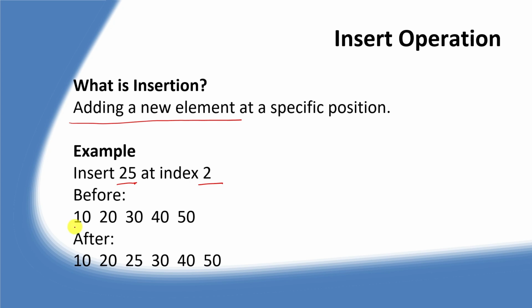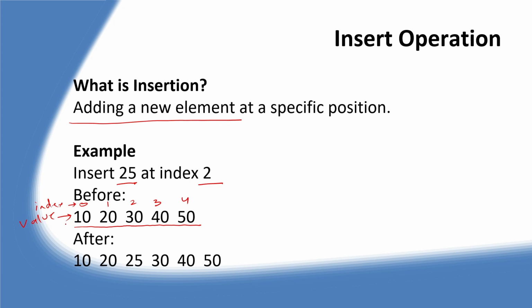So this is the current array: 10, 20, 30, 40, 50. And what are the indexes of this one? It is at index 0, 1, 2, 3, 4. So these are the indexes, and these are the values of the array.